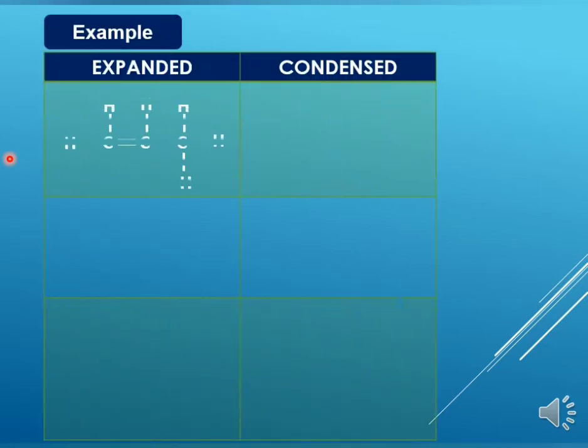Let's see a few more examples on how to draw the condensed structure. In this structure, we have a carbon-carbon double bond. Normally a carbon-carbon double bond or carbon-carbon triple bond can be shown in the condensed structure. So we have CH2, then a double bond, and then CH and CH3.